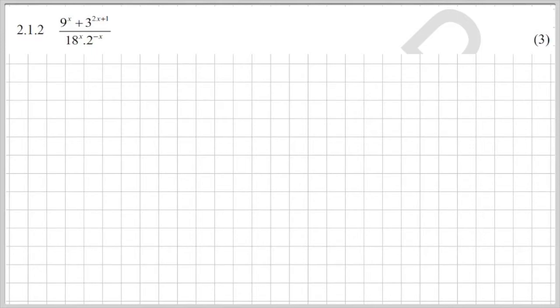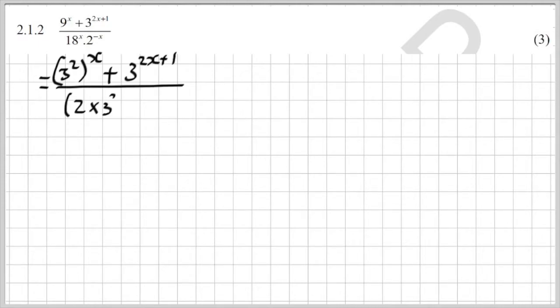First of all, I have to make the bases prime numbers. So 9 is 3 to the 2, 18 is 2 times 3 to the 2, and I put it in brackets. I love to put it in brackets because then I know I'm not going to forget one of the exponents.